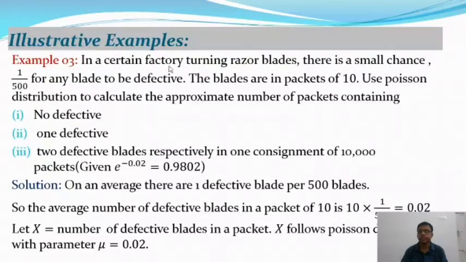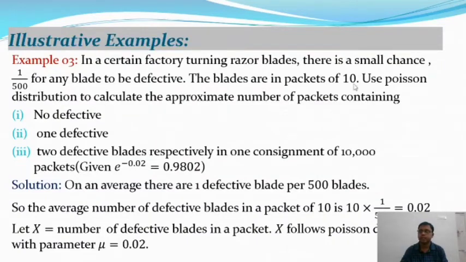So in a certain factory turning out razor blades, there is a small chance, 1 by 500, for any blade to be defective. So in 500 blades, one blade is defective.